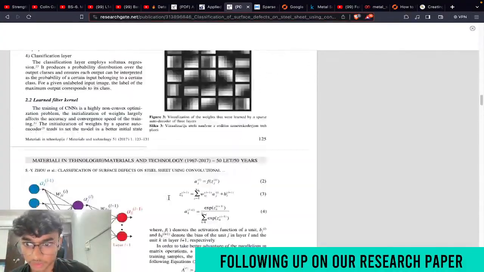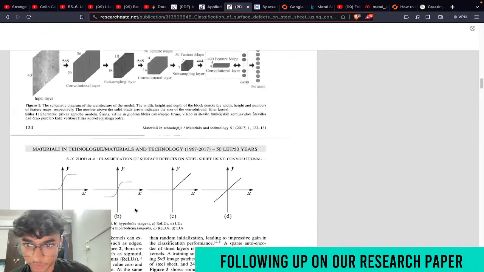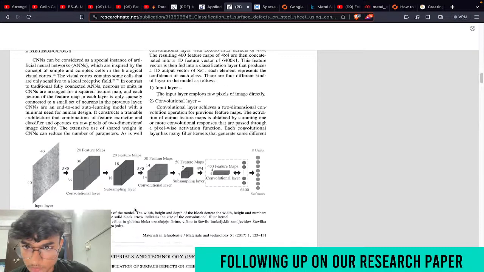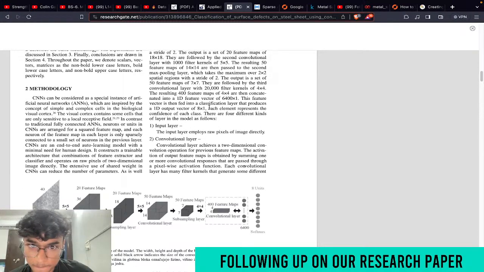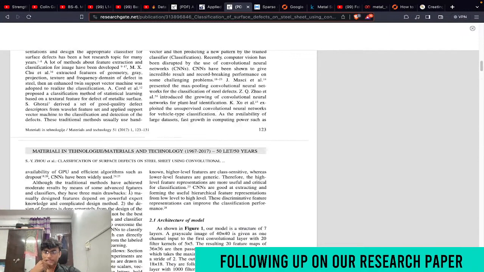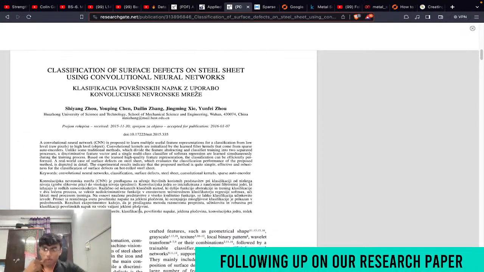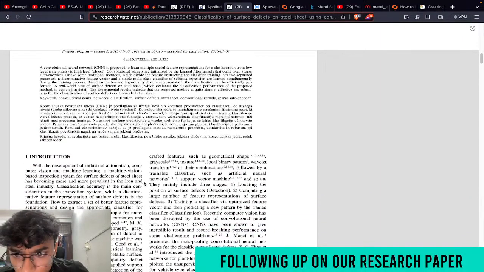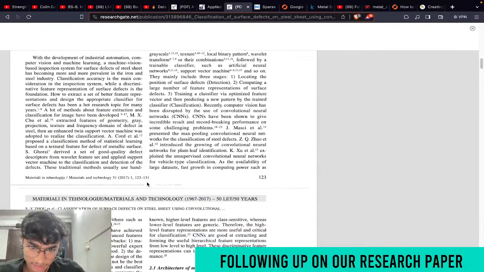Wait a minute. They say the confidence of each class, but the dataset we are using only has six different classes. How are they getting at eight different classes? The dataset is exactly the same.